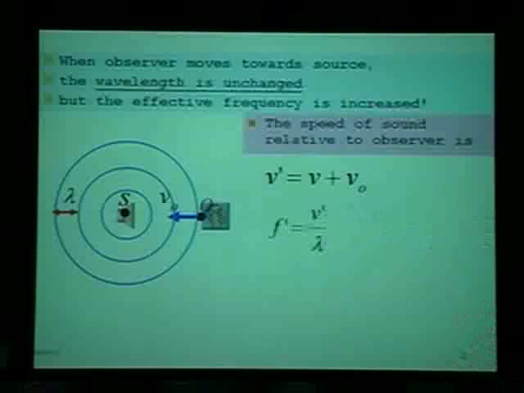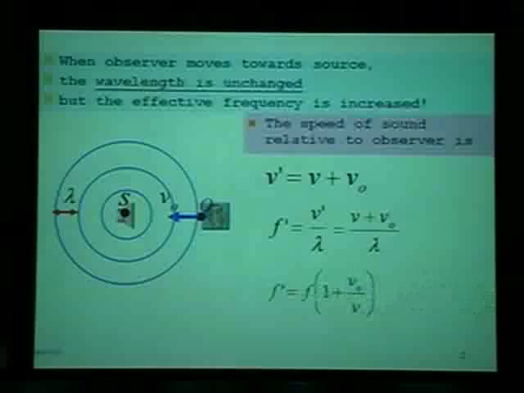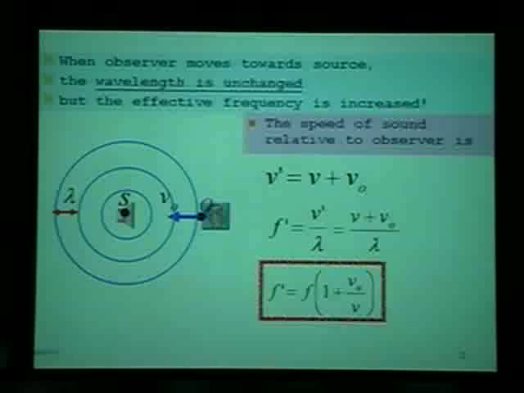And hence the frequency that appears to me is that velocity divided by the wavelength of the sound, which with a little bit of algebra looks like this. The frequency that I observe is equal to the actual frequency put out by the source times this expression here, which is 1 plus the velocity of the observer over the velocity of sound. 1 plus the fraction, the velocity of the observer over the velocity of sound.